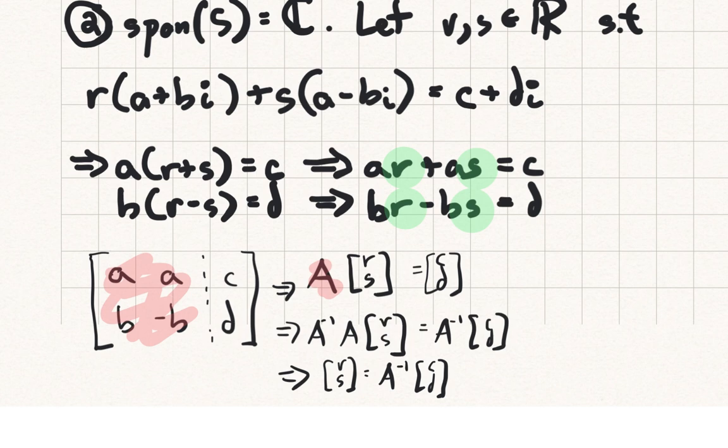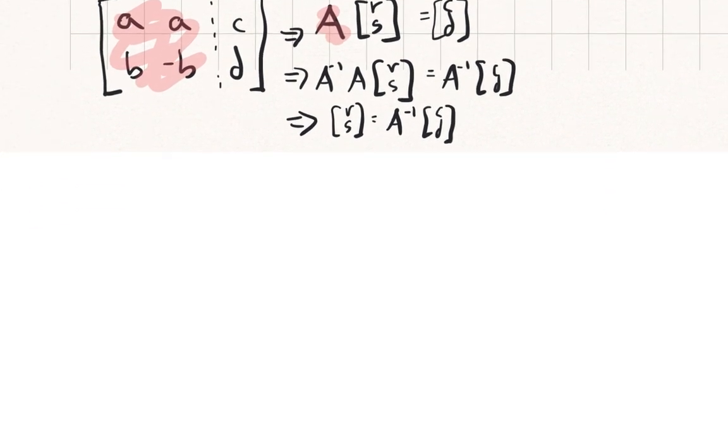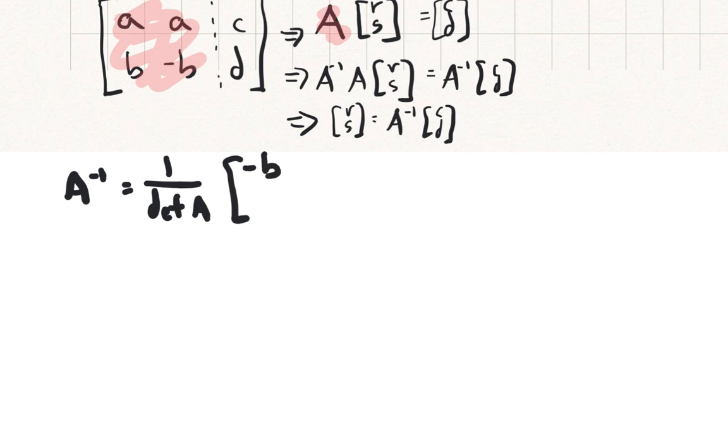If you remember from linear algebra 1, we know that A inverse is going to be 1 over the determinant of A times the matrix where we flip where the entries on the diagonals are, so that's going to be negative B and A, and we negate the entries on the off diagonal, so that's going to be negative A, negative B. Great.